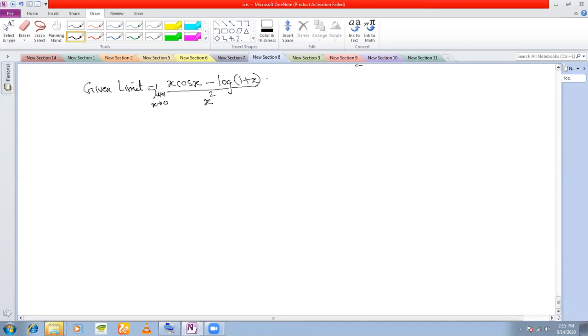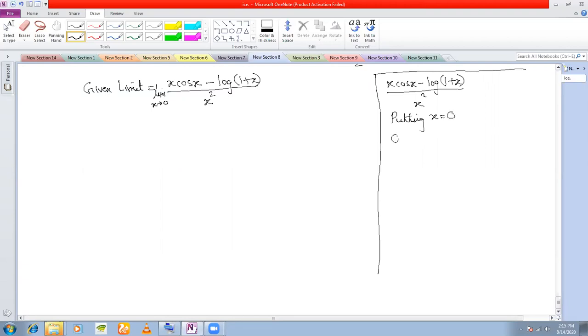Fine. So, what we'll do here, we'll first check what form this is. Putting x equal to 0, you get 0 cos 0 minus log 1 plus 0, divided by 0 square.